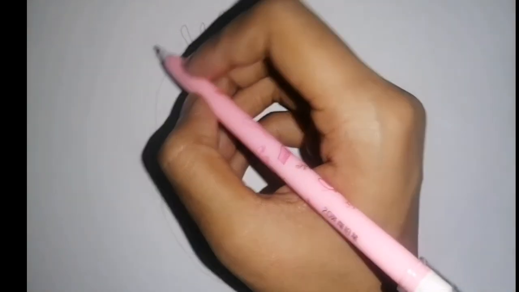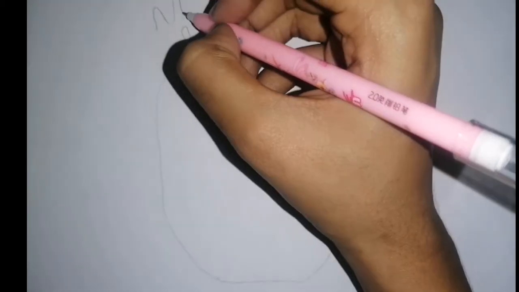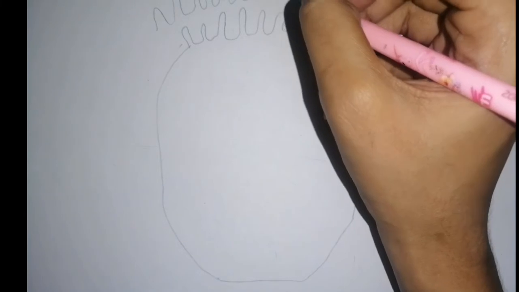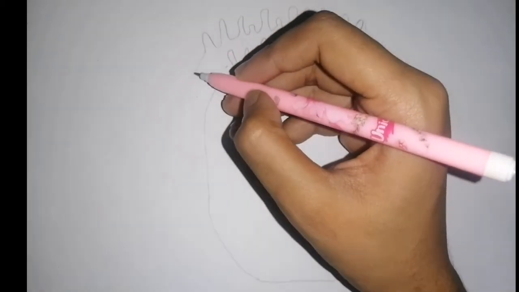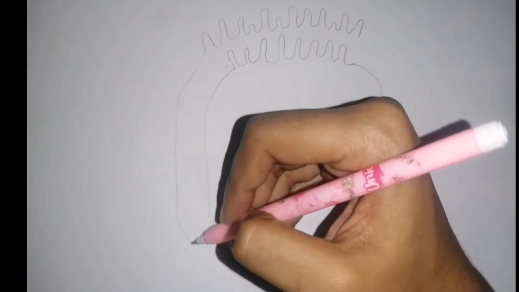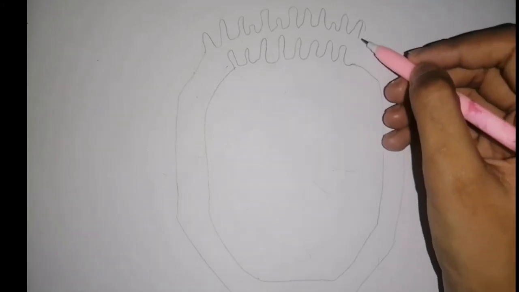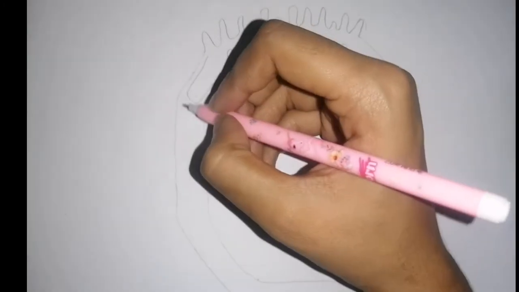Now make a boundary outside it, a little thicker. See how easy it was? Outer structure is almost ready.